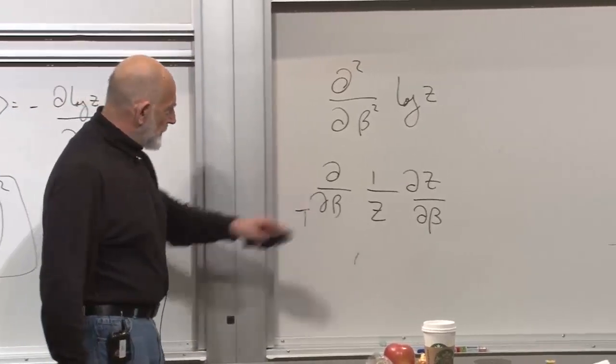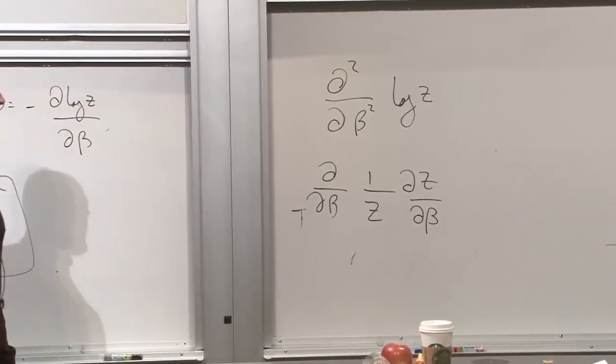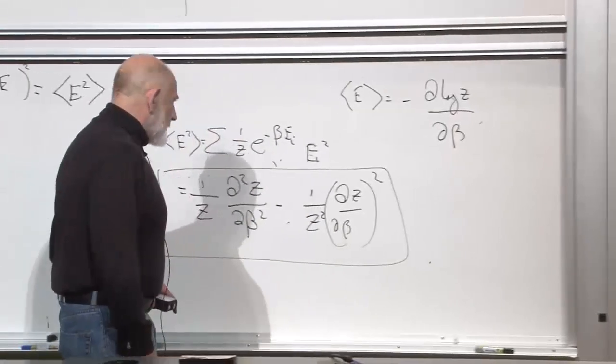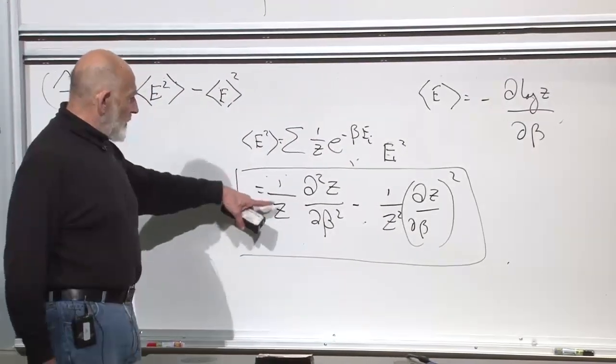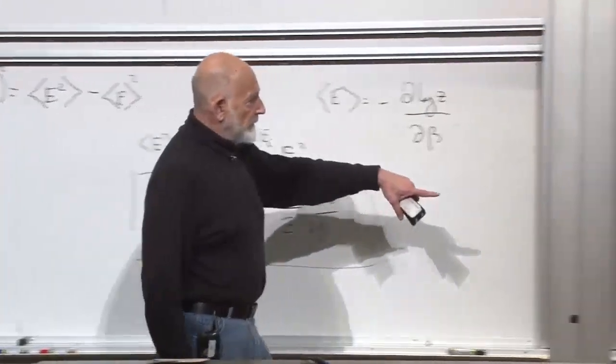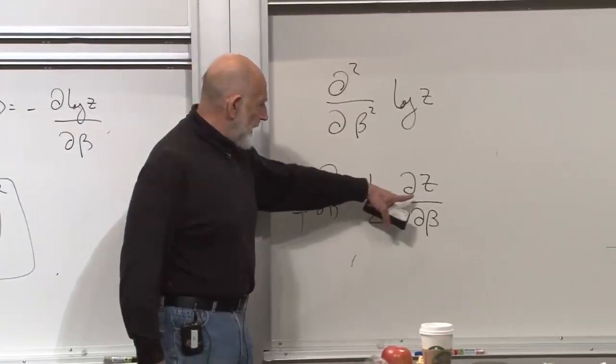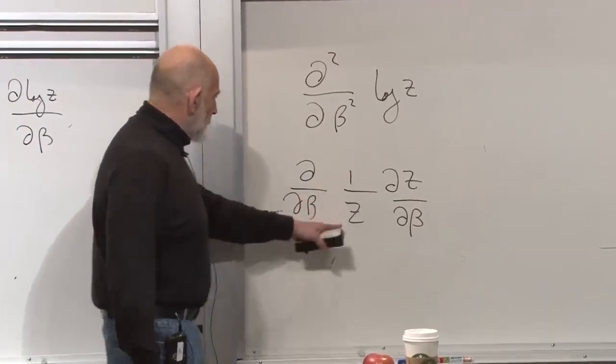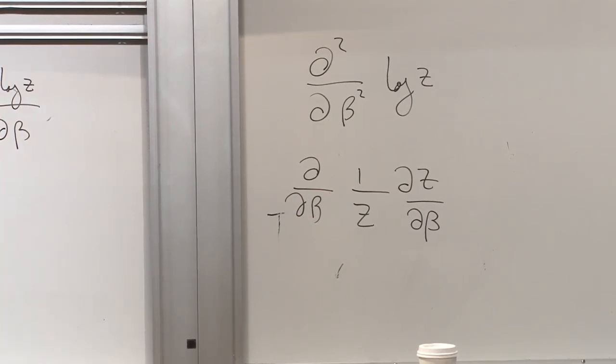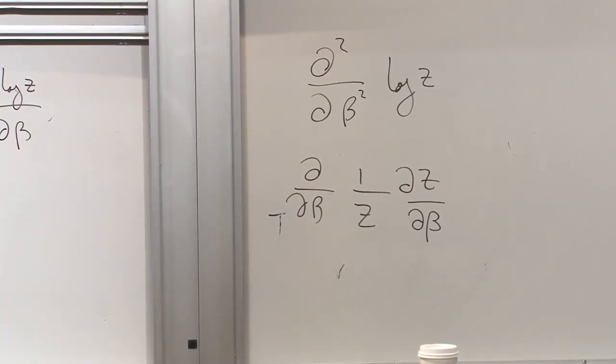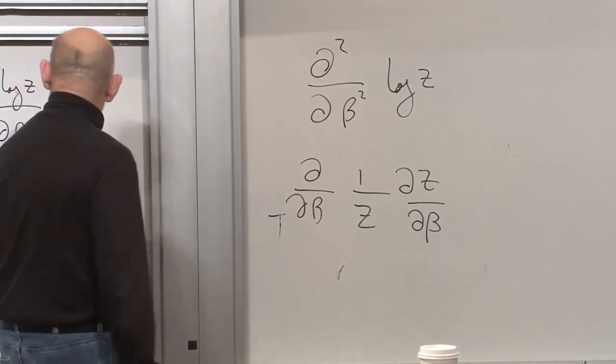All right, let's focus on this thing over here. It has two terms. The first term is gotten by differentiating dZ by d beta, which gives us 1 over Z times the second derivative of Z with respect to beta squared. And then what about the second term?